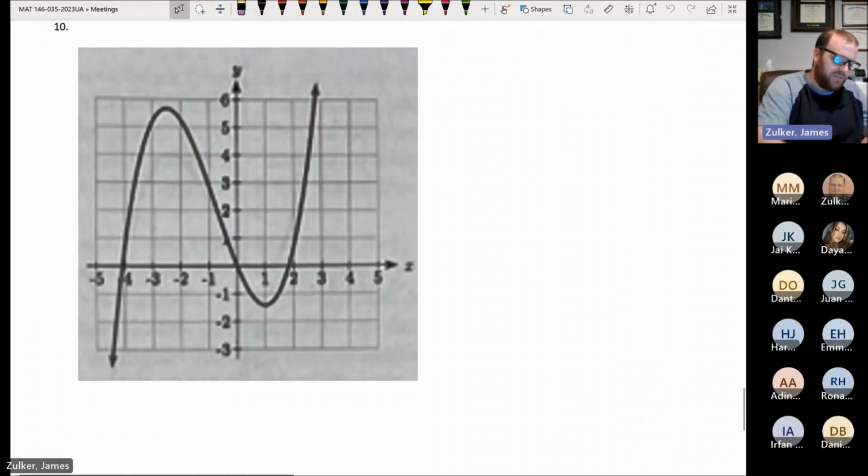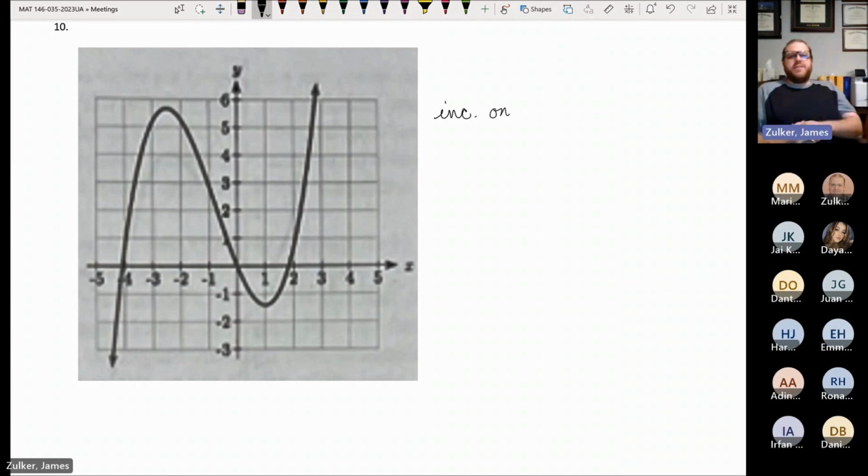Let's look here. Where does it look like it's increasing? Negative infinity to negative 2.5.